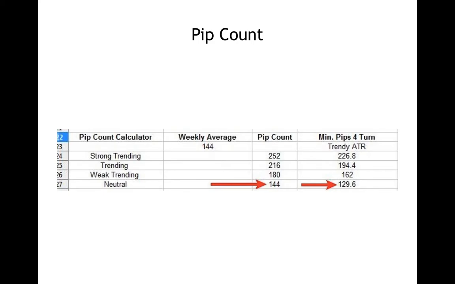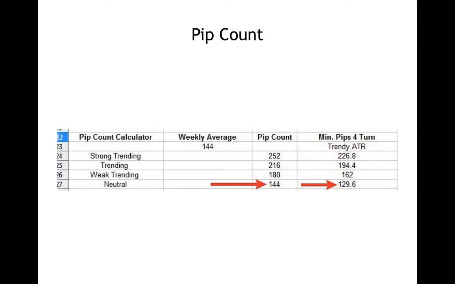If it was a weak trending market, we would look for the Pip count to go between 162 and 180. So the 162 is the minimum requirement I'll use for it to turn. Right now we're in a neutral market, so I'm going to use 129, about 130 as a minimum requirement. If it doesn't hit 130, I'm not going to take the reversal until it gets there.